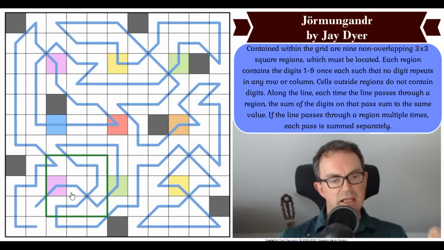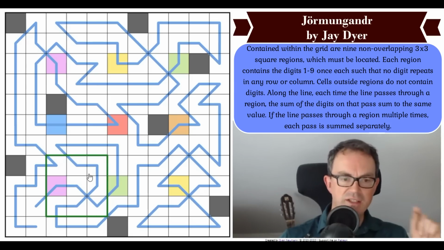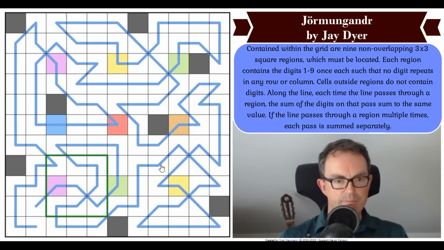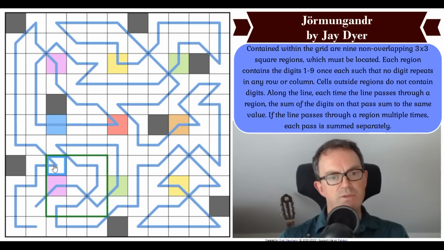So what I'm saying is that because this box entirely has line in it, you can see that this line comes in here, it picks up 3 cells and then exits, and then it loops around here, then it comes in again, it picks up 5 cells and then exits, and then it looks like it just shaves a cell off there as well.